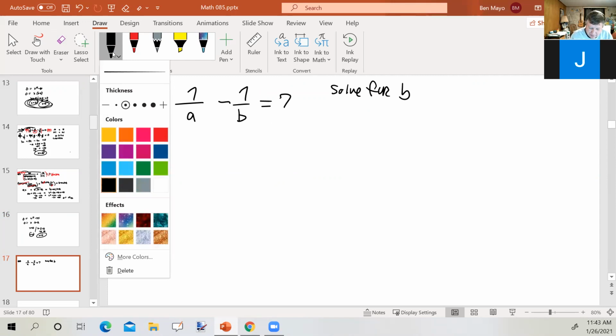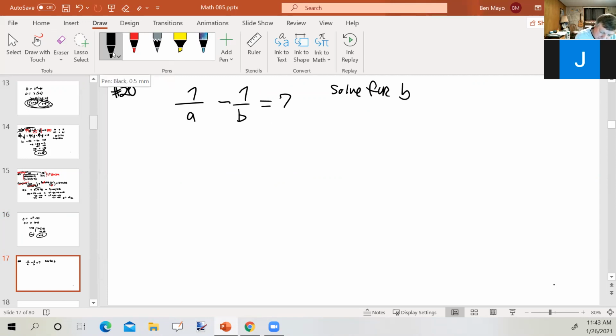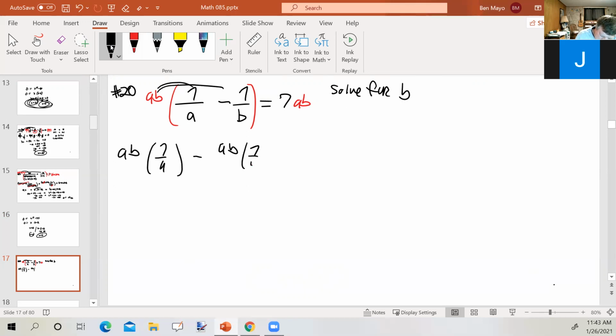So the LCD is going to be a times b. I'm going to multiply both sides by a times b. So I get ab times 7 over a minus ab times 7 over b equals 7ab. Here the a's cross out, I have 7b. Here the b's cross out, and I've got 7a.